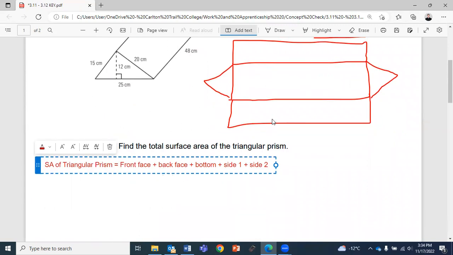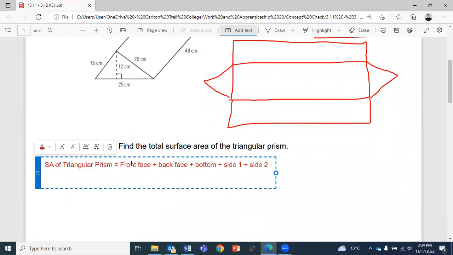Excellent, superb. So I'm going to keep myself organized, right? What's the front face? How do I find that? The front face is a triangle, right? And the area of a triangle is area equals 1/2 times base times height. I'm just going to put 0.5 because I can't really do a nice fraction here.